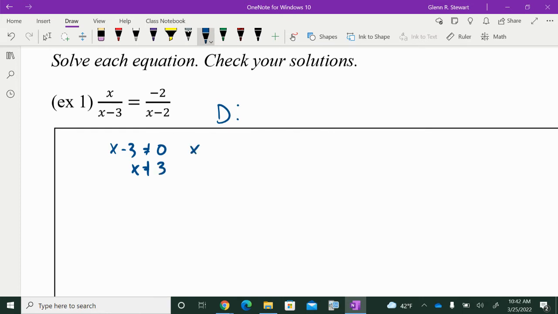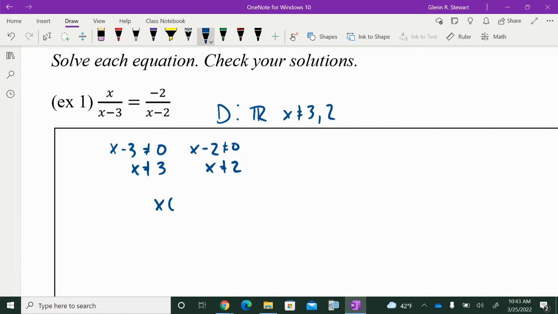Over on this side, x minus 2 cannot equal 0, so x cannot equal 2. So our domain for both of these is all real numbers, where x cannot equal 3 or 2. All that's telling us is that if we get an answer of 3 or 2, that answer is called an extraneous solution, and we throw it away.